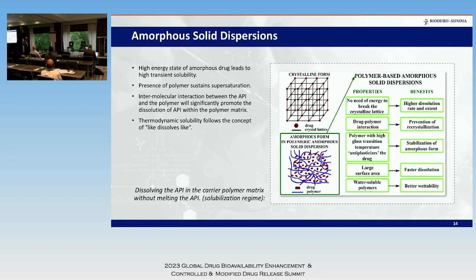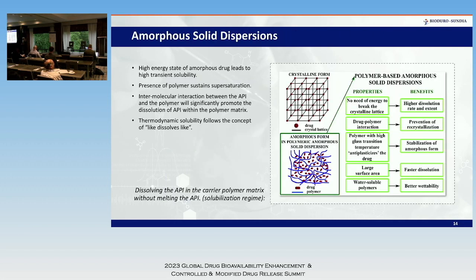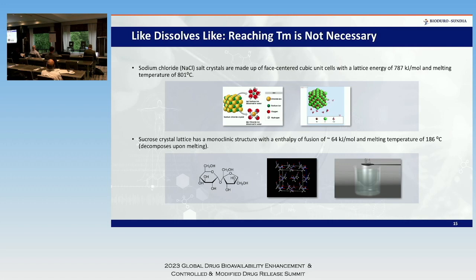So, two technologies are currently utilized for amorphous solid dispersion. One is spray drying, and the other one is hot melt extrusion. Both can utilize the same kind of modeling to find the miscible pairs of drug and polymer. But when it comes to experimental work, here I'm giving the analogy about water and how it dissolves sodium chloride and how it dissolves sugar or sucrose.